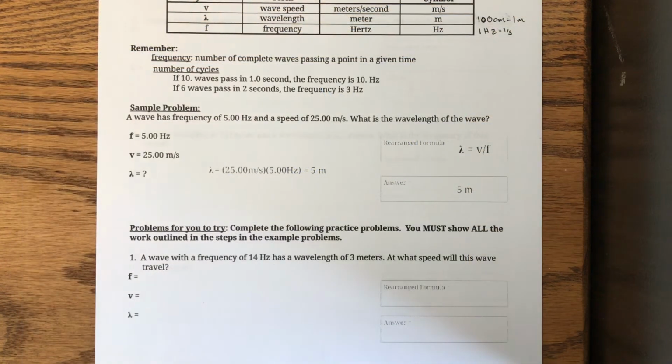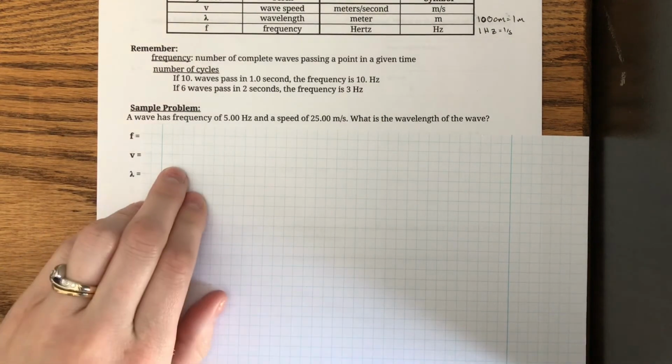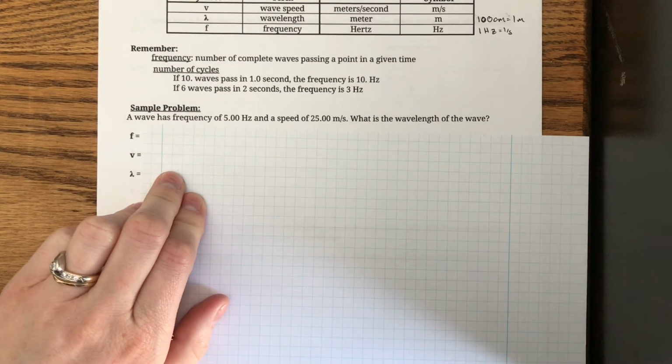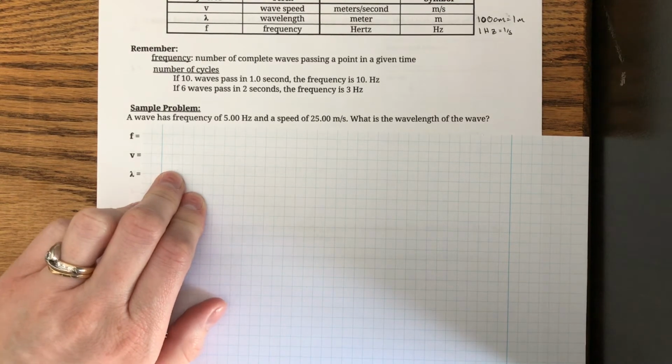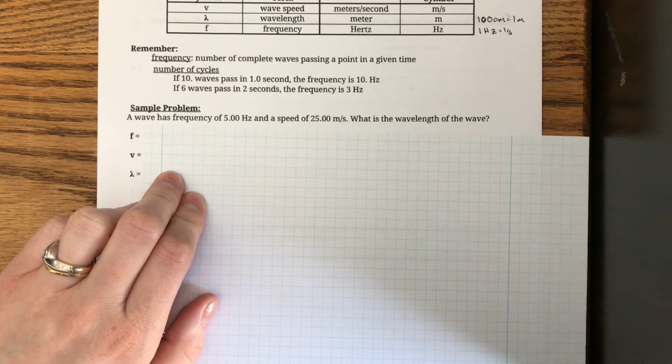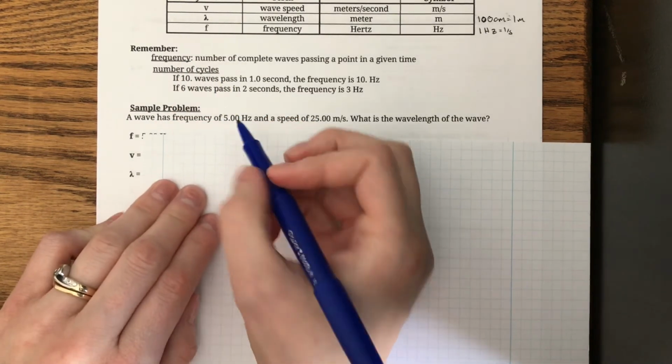I'll do one or two of these practice problems with you. This one's already done, but let's pretend it's not. Here's the first one. A wave has a frequency of 5 hertz and a speed of 25 meters per second. What's the wavelength of the wave? It's been a long time since we've done practice problems together. First thing we want to do is go through and identify the givens in the problem. A wave has a frequency of 5 hertz.